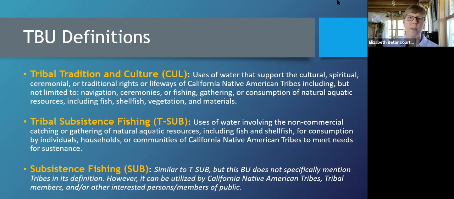That's for things like religious ceremonies, arts and crafts and engineering, and gathering of supplies or medical type supplies, as well as many other things, of course. And then tribal subsistence fishing, which is exactly what it says, which is subsistence fishing for sustenance of life. There is a subsistence fishing definition as well, and that is, of course, the same as tribal subsistence fishing, but for any community interested in that.